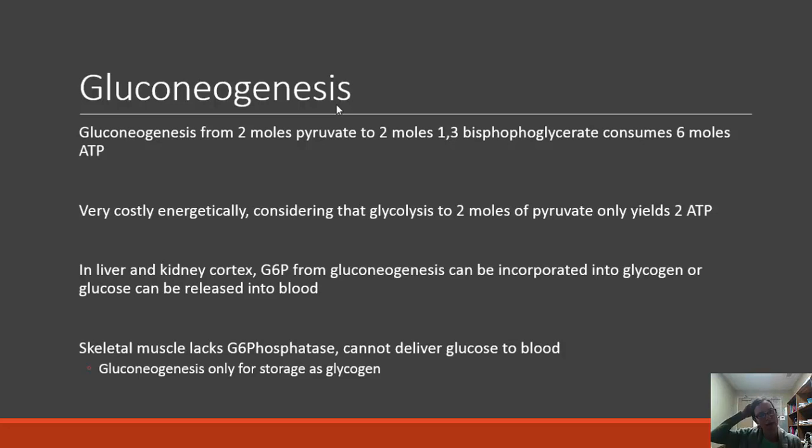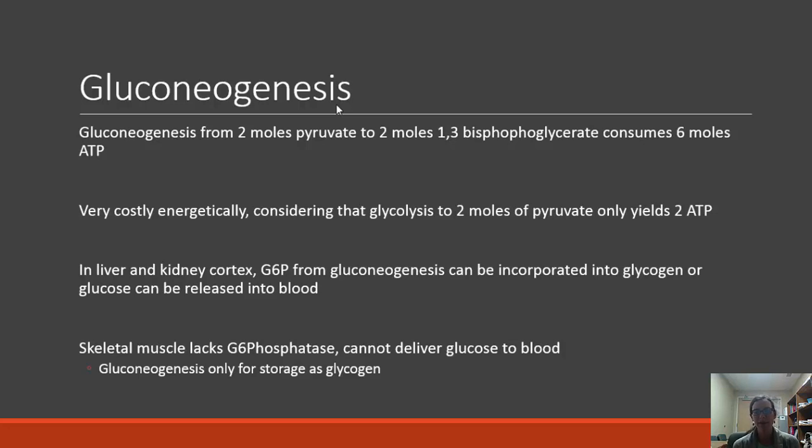Okay, and in the kidney and in the liver, we talked about, when we were talking about glycogenesis, that in the liver especially, a lot of the glucose that it gets for incorporating into glycogen comes from gluconeogenesis, rather than all of it coming right from the diet. But, of course, we know that skeletal muscle lacks G6 phosphatase.